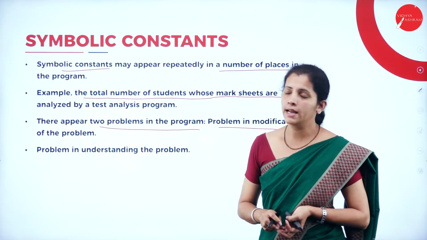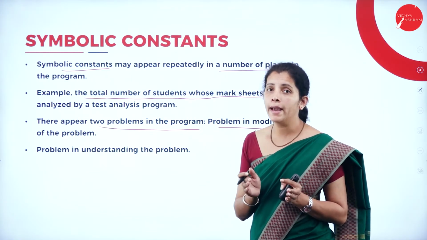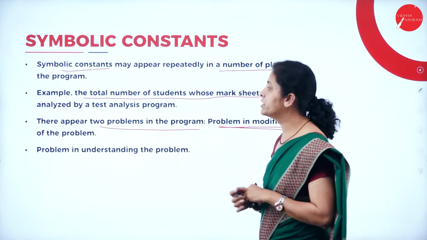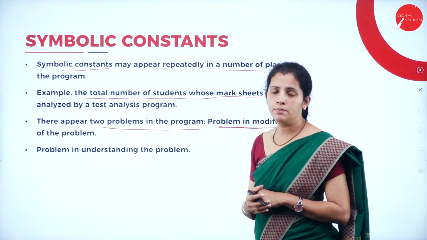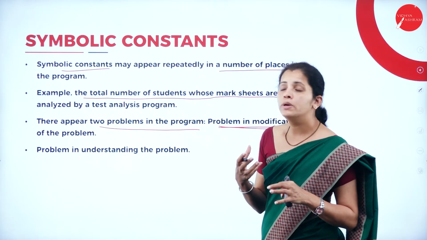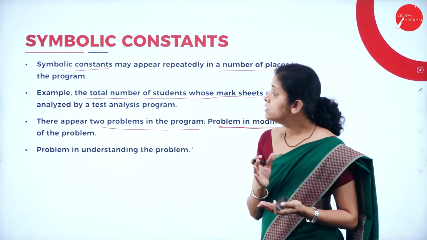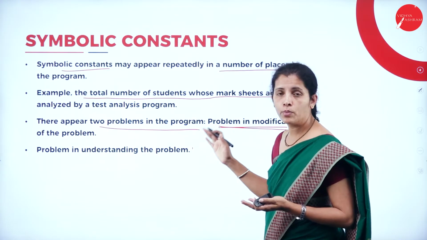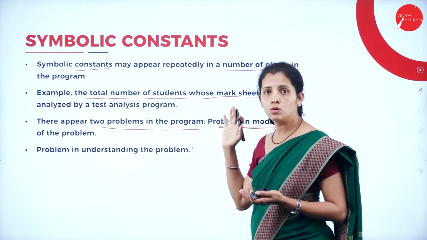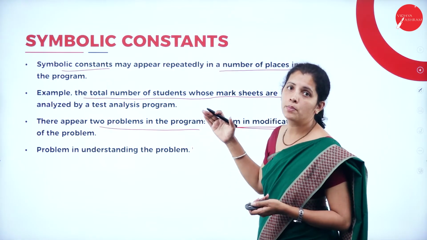That means while analyzing student reports, we come across these two types of problems: it is very difficult to modify the program, and it is very difficult to understand the program. So dear student, to overcome this kind of problem, we use symbolic constants. It is defined once in the program and referred to throughout the program.